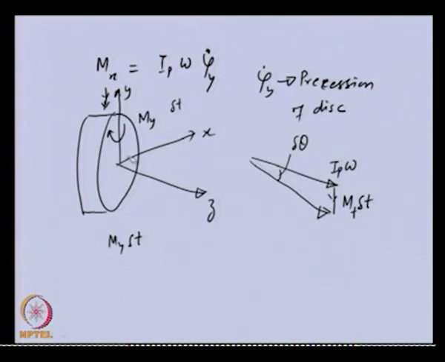In this particular case we have restricted the rotation of the disc about y axis, and we are only allowing the rotation about the x axis. So from this we can relate this vector which is in y direction to the change in angular momentum due to this tilt.